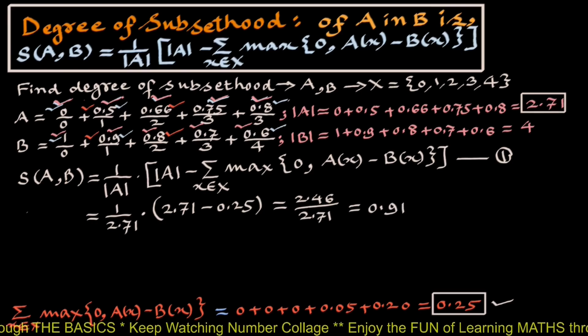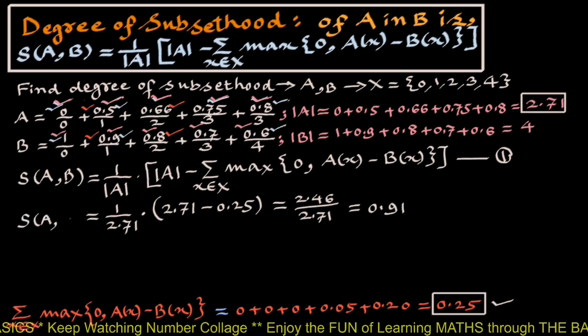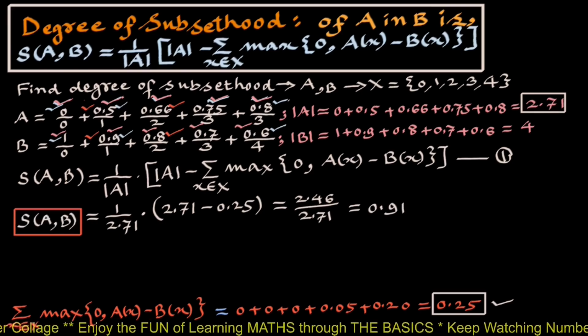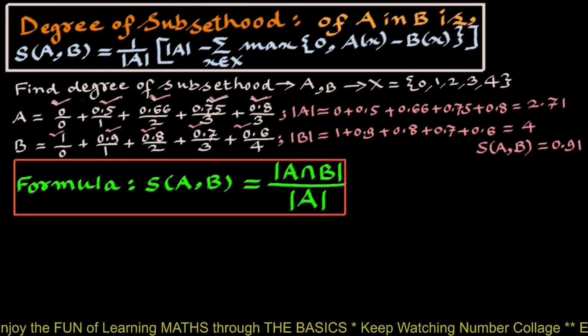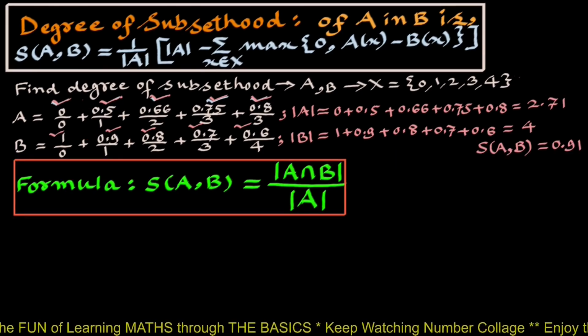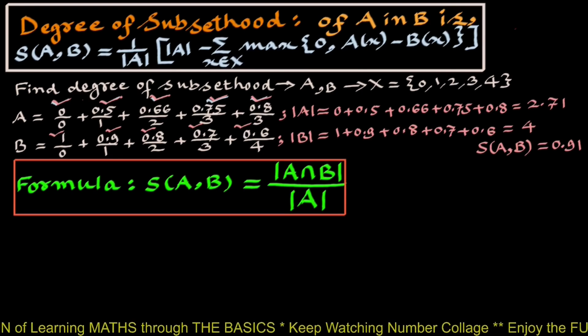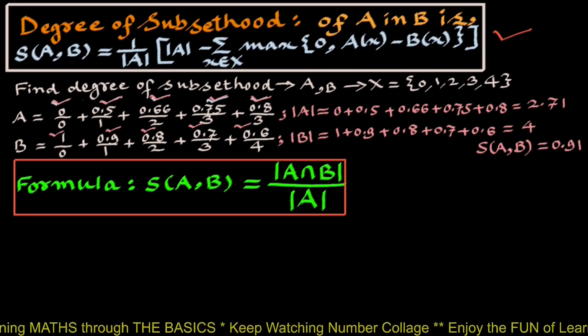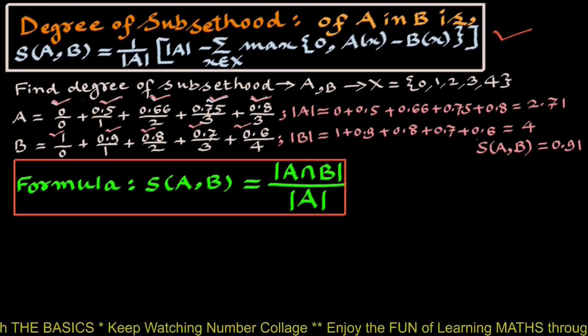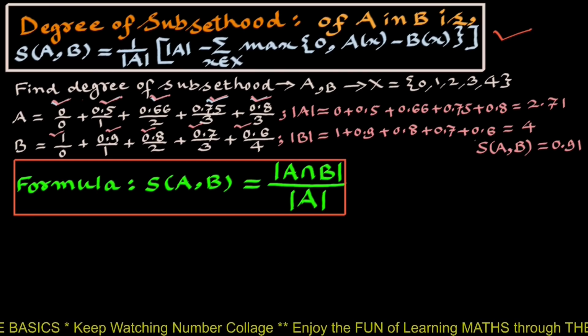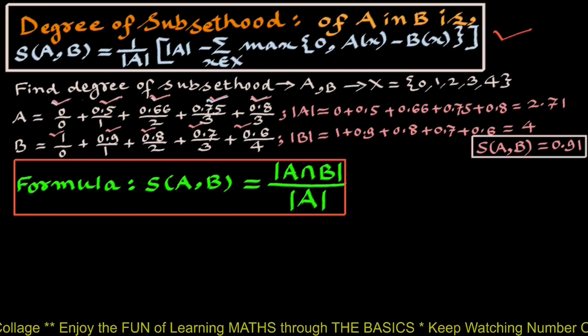So subsethood of A in B is 0.91. We have just found out degree of subsethood of two fuzzy sets A and B according to this formula and got the degree of subsethood S of A in B as 0.91.